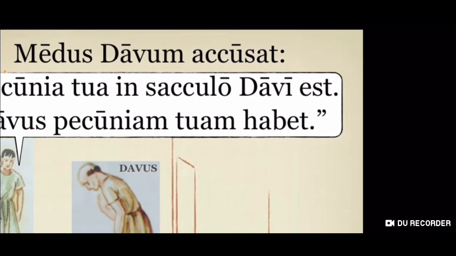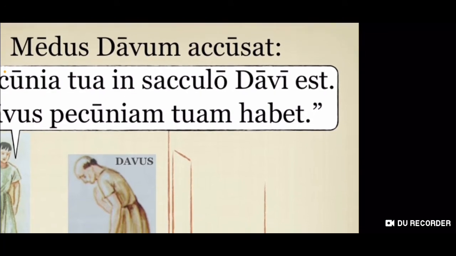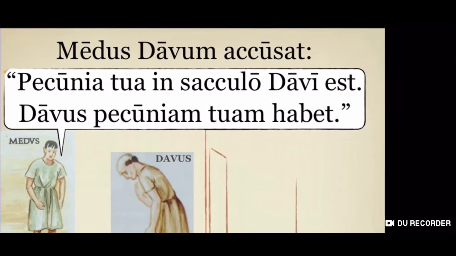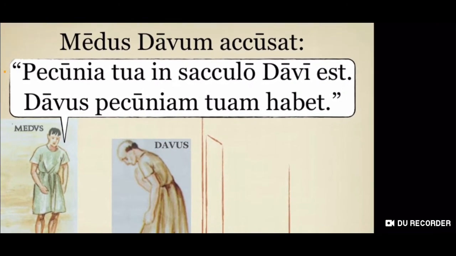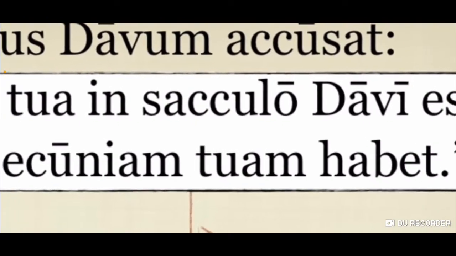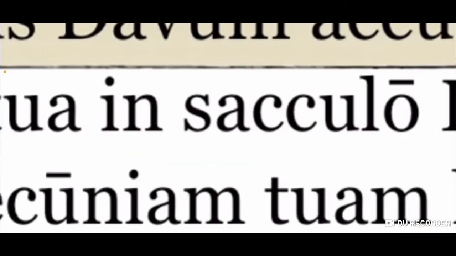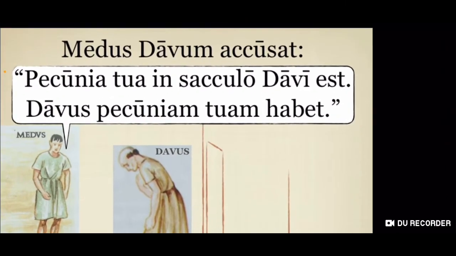That's why I say it's important to remember, and to show you how you can make out that sentence no matter where these things are in the sentence. In will always be in front of sacculo. No matter how you switch this up, in is going to be in front of sacculo, because that's what makes it sacculo. In sacculo Davi, in the sack of Davus.